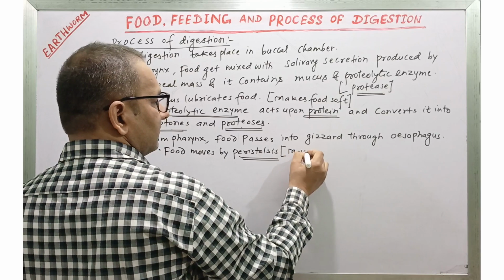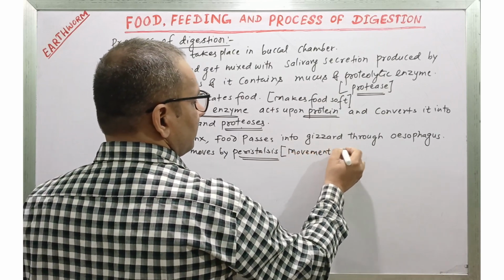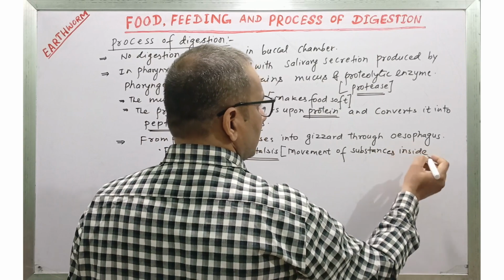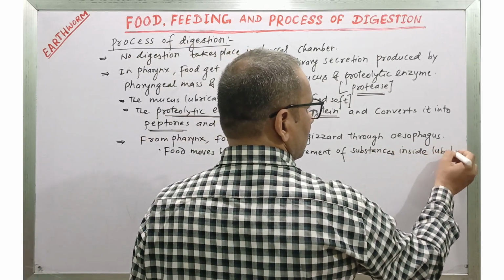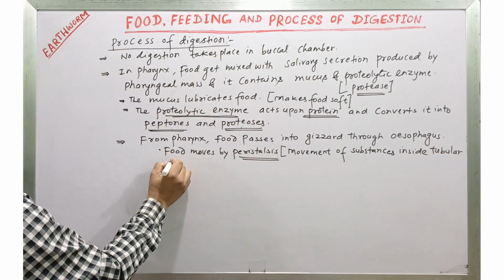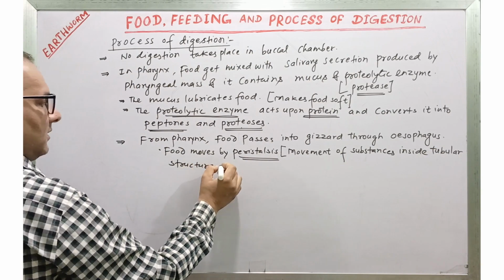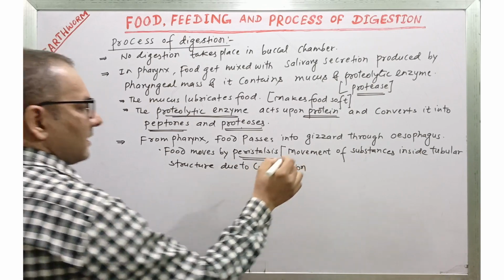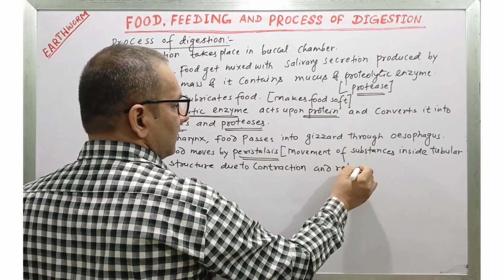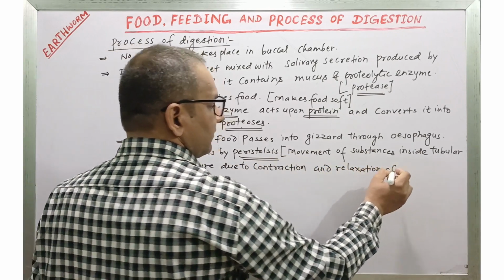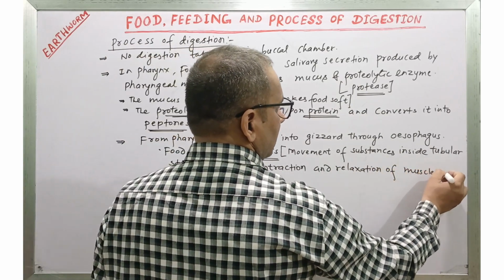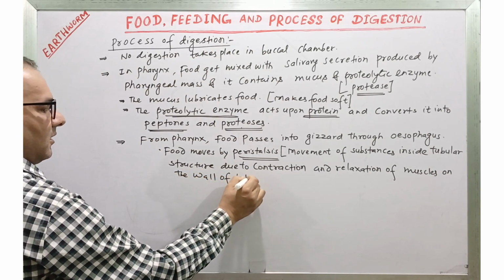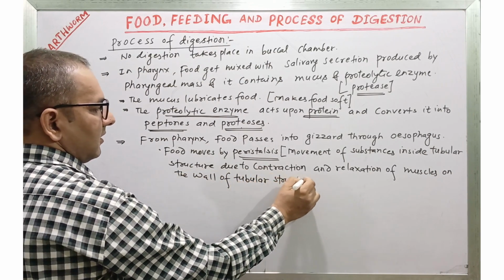This peristalsis is movement of substances inside a tubular structure due to contraction and relaxation of muscles on the wall of the tubular structure.